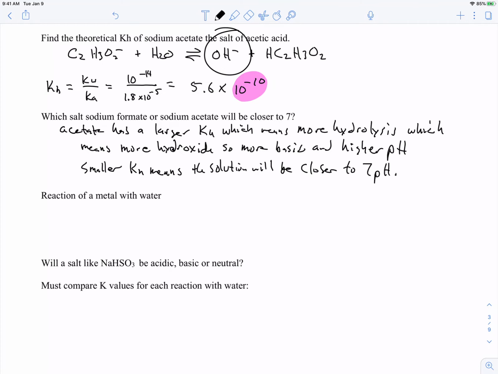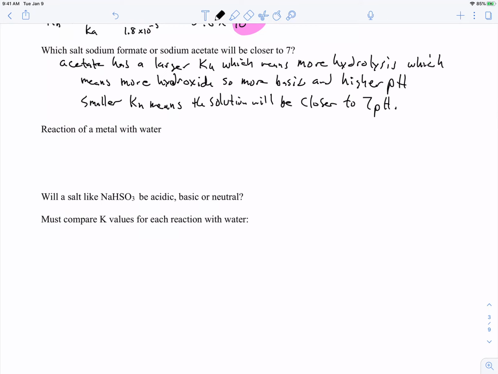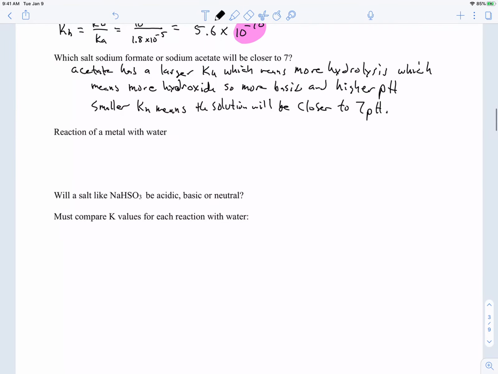All right, now some metals, the ion, not just the metal, but the ion, reacts with water. We showed you in Chem 110, for example, that when a metal ion is hydrated, it's dissolved, it is surrounded by 6 water molecules.